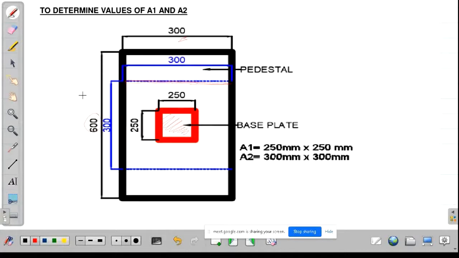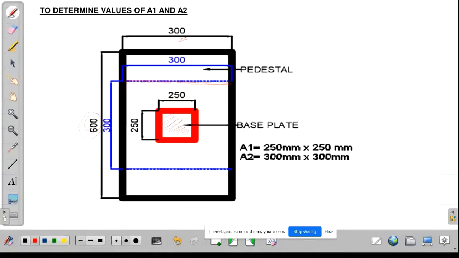Okay? So, pwede siyang ma-maximize and then yung centroid ng both yung pedestal sa base plate parehas. So, geometrically, similar sila. So, yung area po natin dito is 300 by 300.